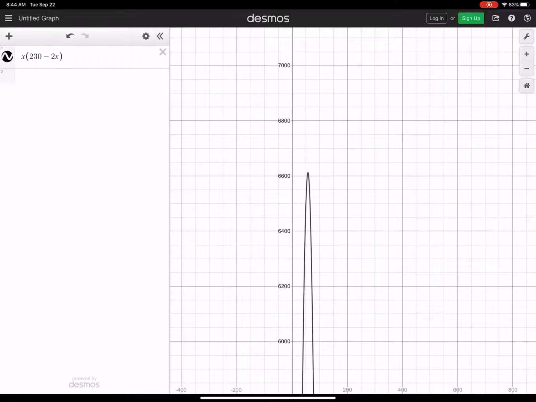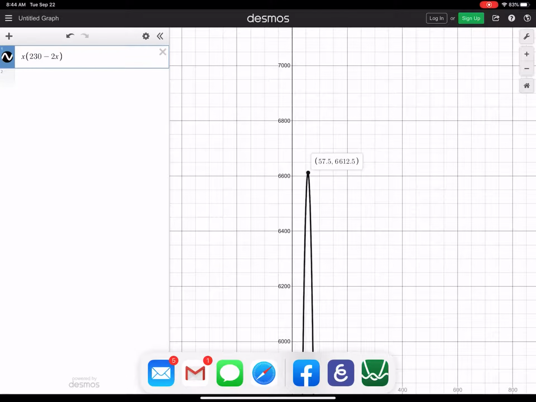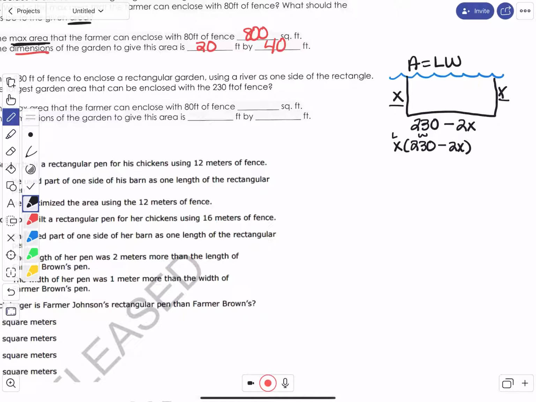Okay, so my numbers are 57.5 and 6,612.5. So this was the x, this was the y, which represented your area.